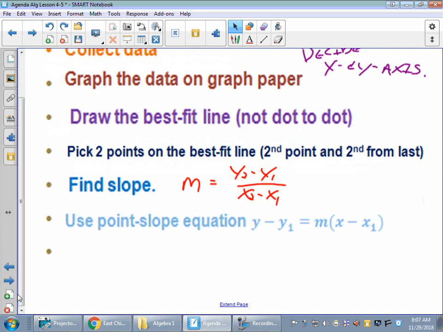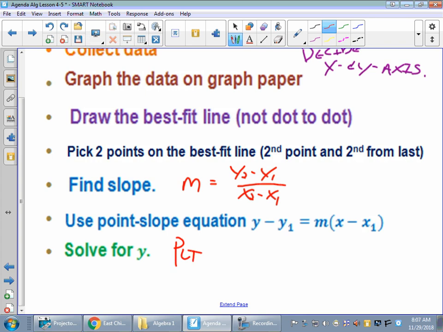And then we're going to use point-slope equation. From those points, pick one of those points. You can use either. You're going to get the same answer for either one, whether you use the second point or the second from the last point, and plug it into point-slope form. And then we want to solve for y, which basically means we're going to put the answer into slope-intercept form, which is y equals mx plus b, of course.